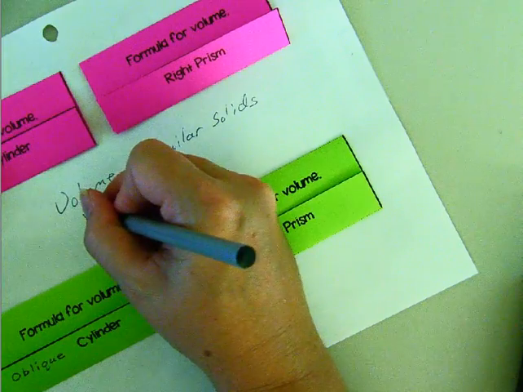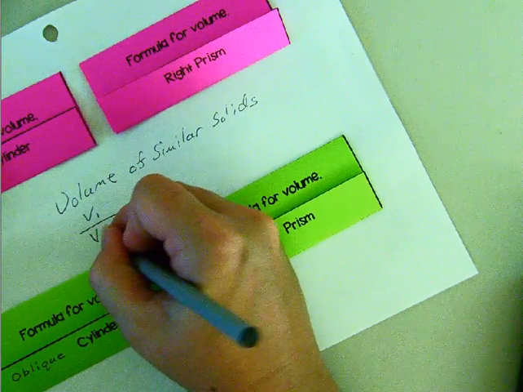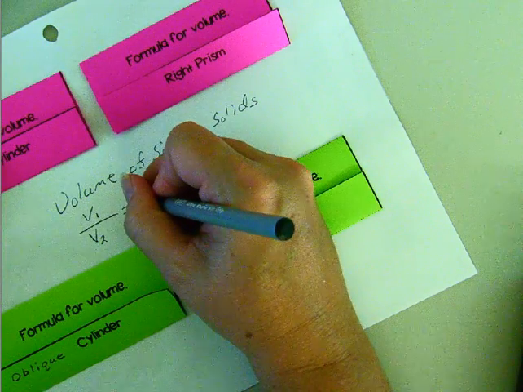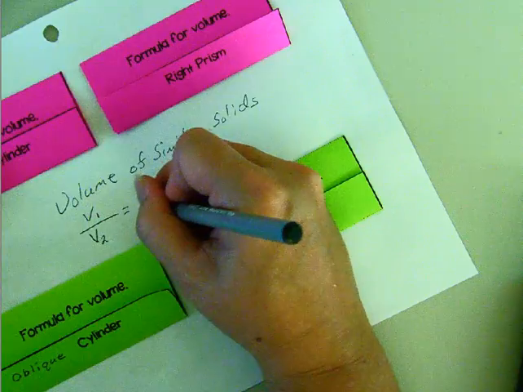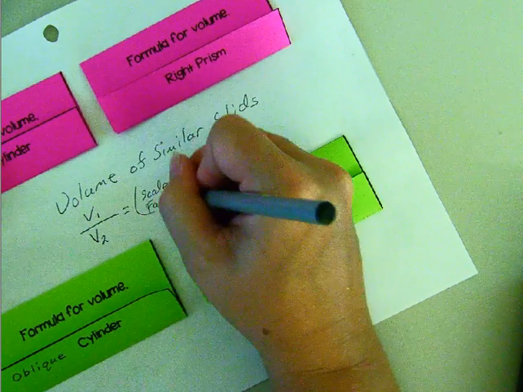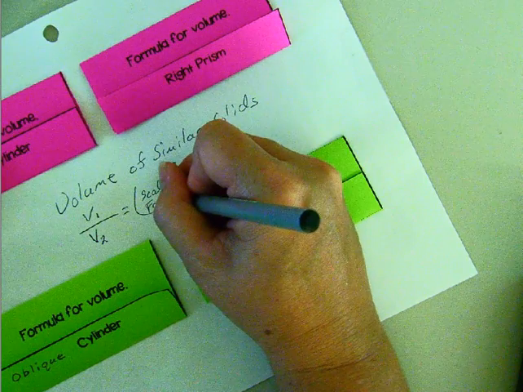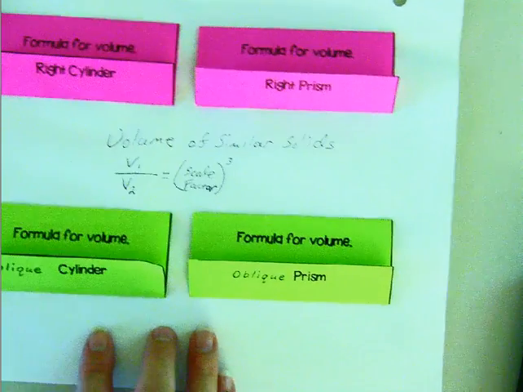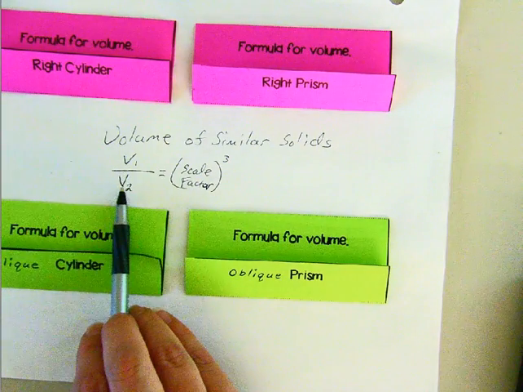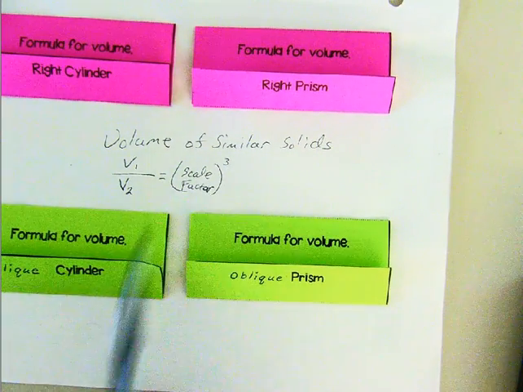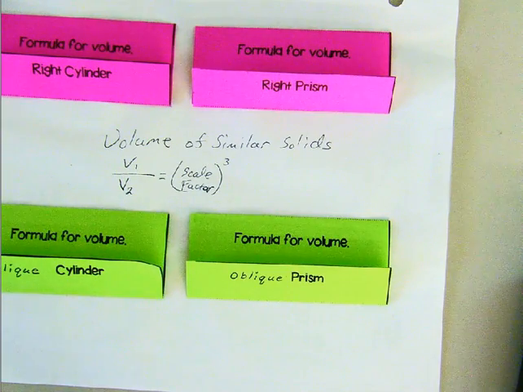So volume of one solid over the volume of a second solid equals scale factor cubed. Scale factor cubed. Sorry about that. Let me turn that for you. So volume of similar solids. So volume of one over volume of the second equals the scale factor cubed. And we're going to take a quick look at an example of that.